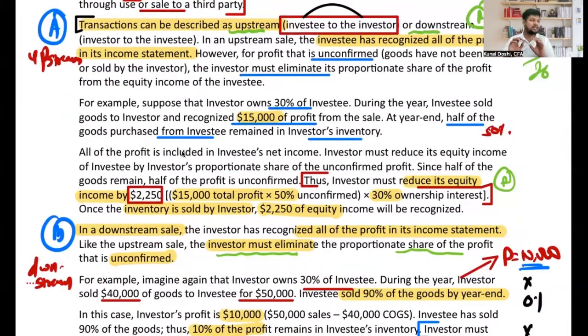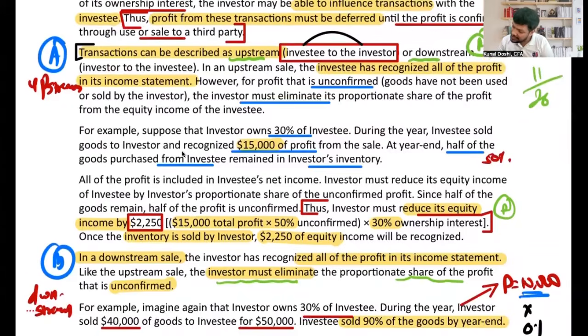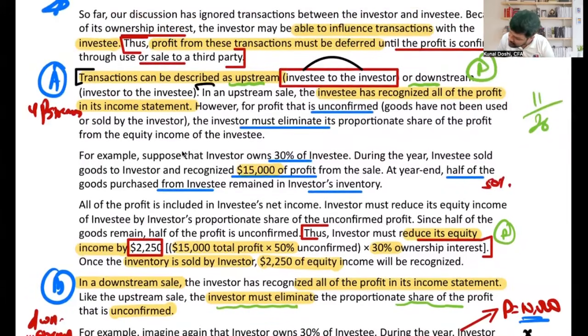Just one common thing that I want to highlight here is that in an upstream sale, the investee has recognized all the profit in the income statement, all the profit that it is going to get from selling to the investor. However, if there is any uncertainty, that must be eliminated. Any proportionate amount that you think will be returned back needs to be eliminated.